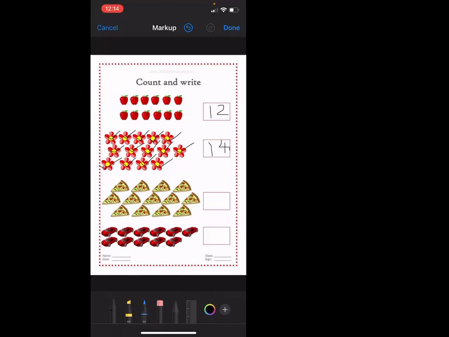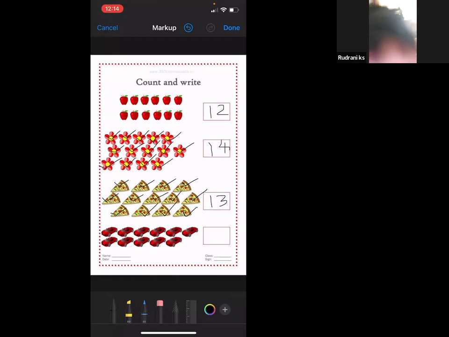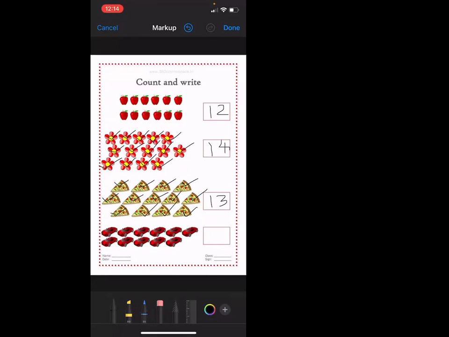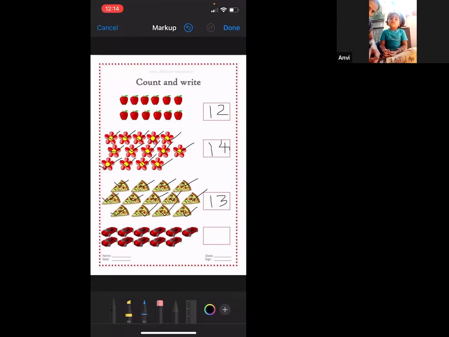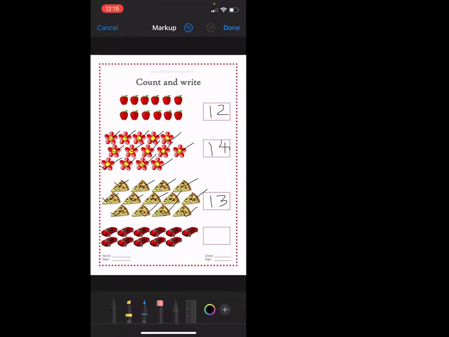Now the next one is pizza. Let's count the pizza. 1, 2, 3, 4, 5, 6, 7, 8, 9, 10, 11, 12, 13. So 13. Count it properly, dear. It's 13.